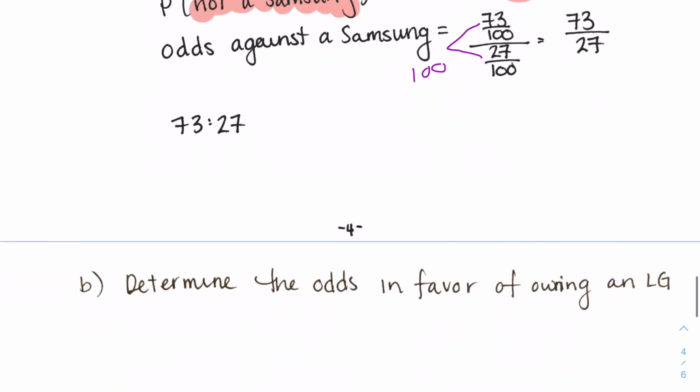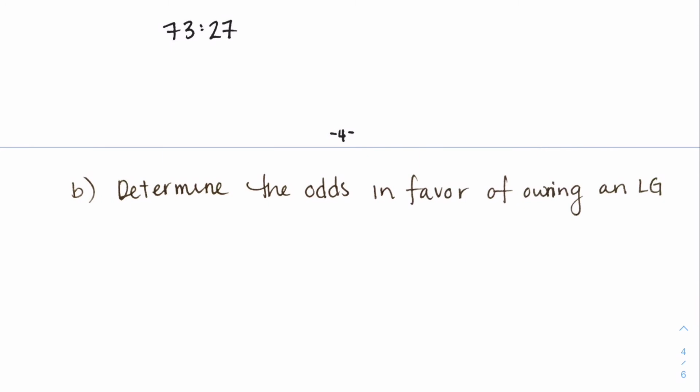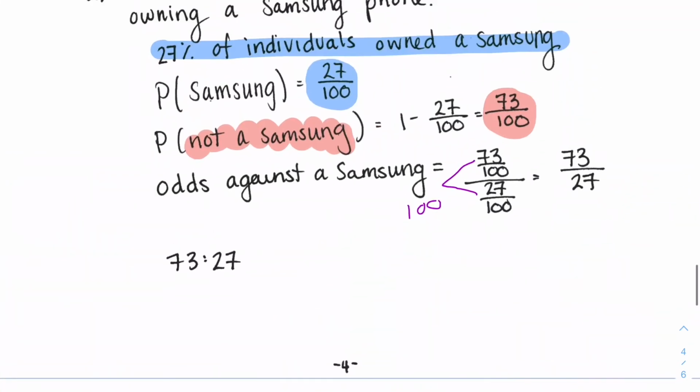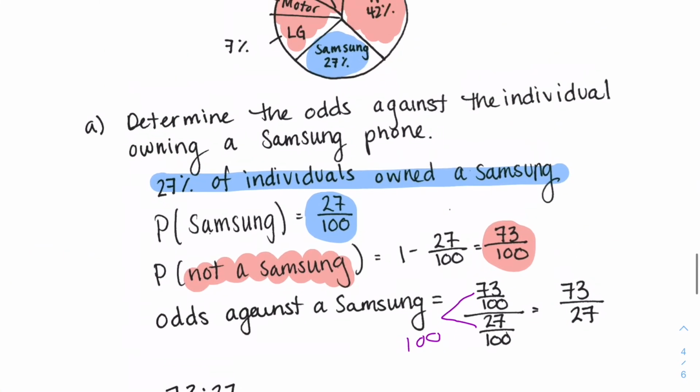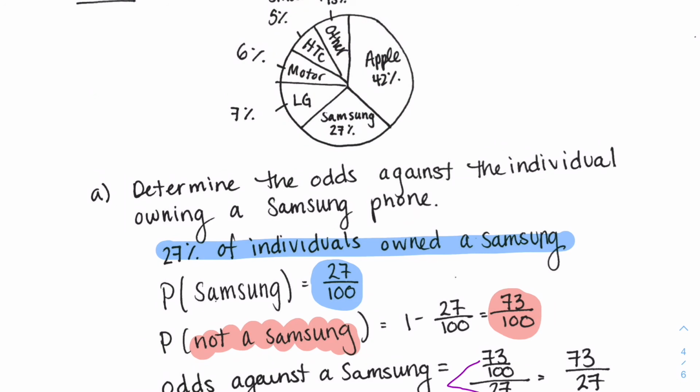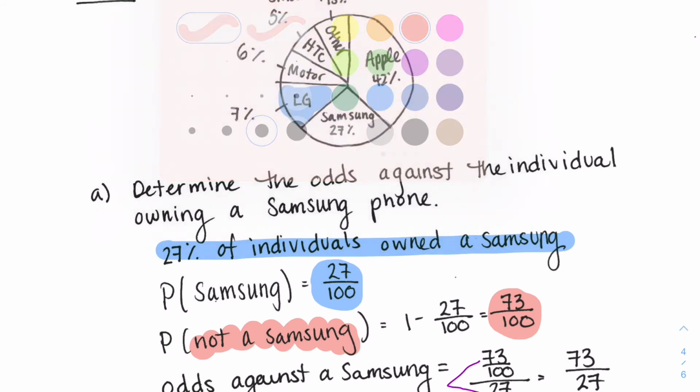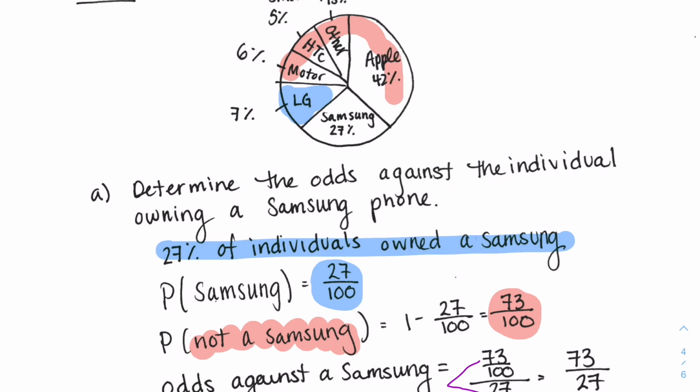So let's do one more for this specific example, but we are almost done. So we want to determine the odds in favor of owning an LG phone. So let's go back up. Now we want to look at LG. So 7% of people own an LG phone, and everyone else owned something different.